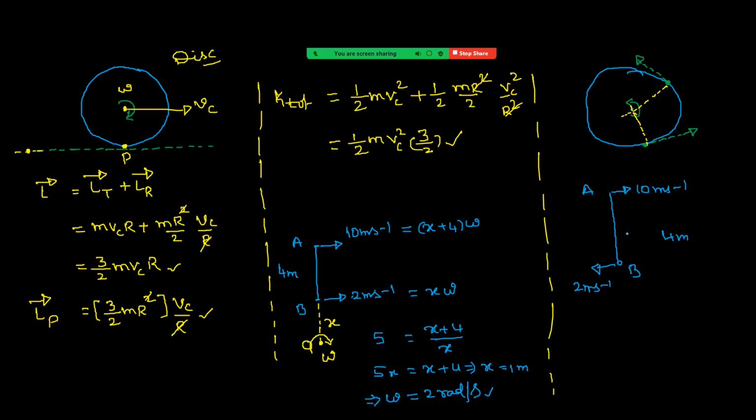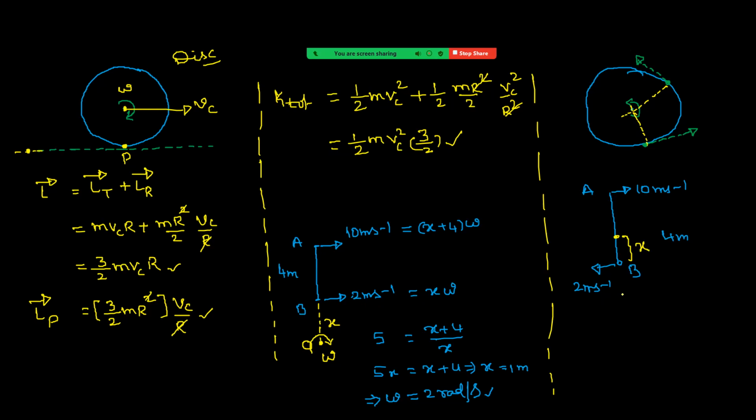Okay. Now coming to here. Since directions are opposite, the axis of rotation will be in between these 2 points. It is somewhere here. Suppose the separation from B is equal to x. Okay, so now see how to find it.